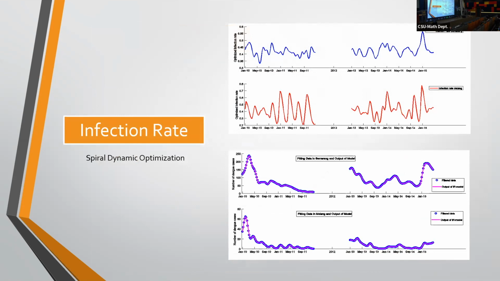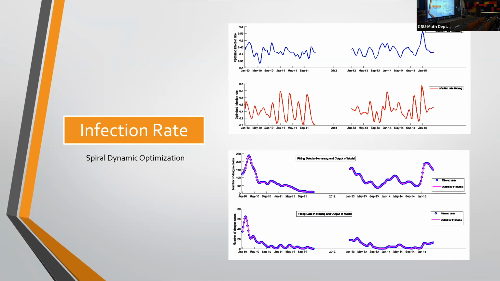Then we have this one. This is the result from spiral dynamic optimization. The blue one is the infection rate for Semarang, the red one is the infection rate for Malang. This is the result of the force of infection, beta, from the optimization method, and below is the filtered data as blue dots compared to the output based on these parameters.